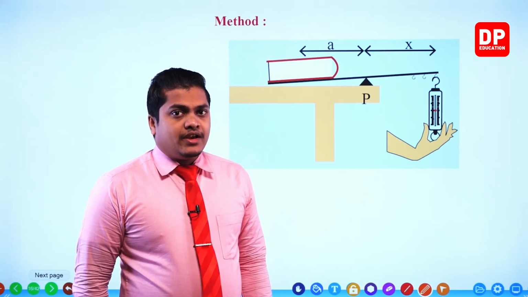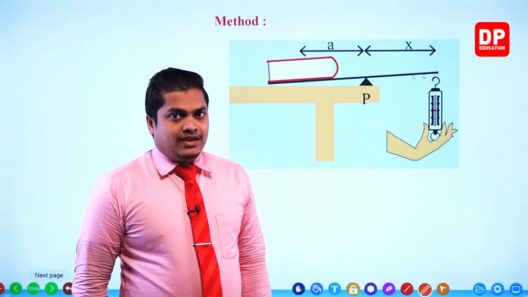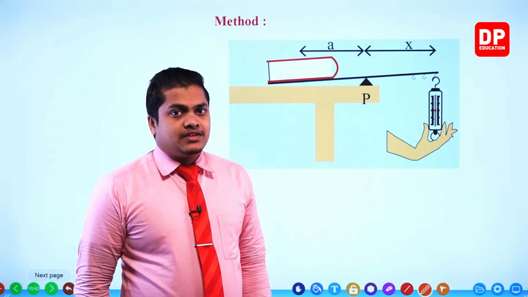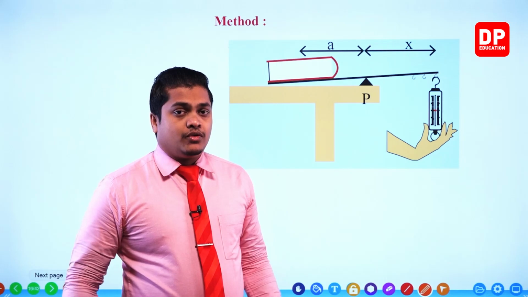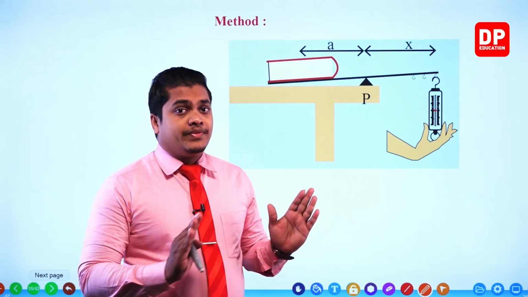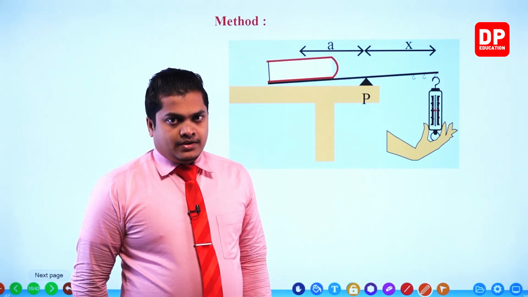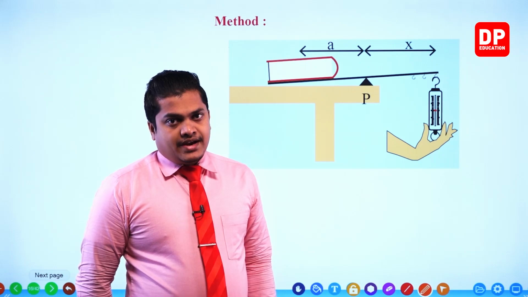So the point where the least amount of force is shown is the point where force should be applied to do this work quite easily. So this is the way of doing the activity, my dear children.